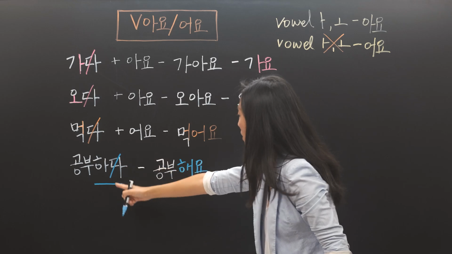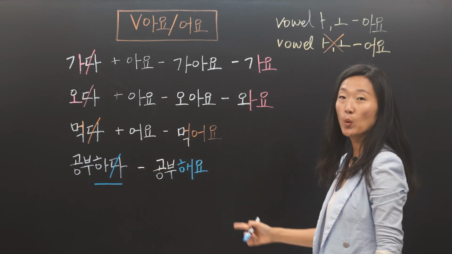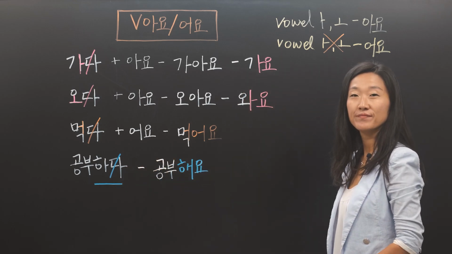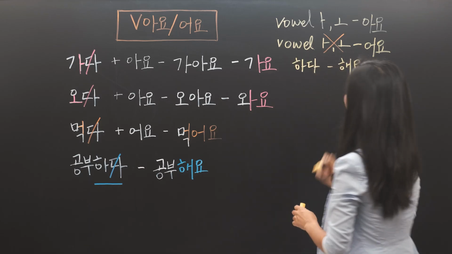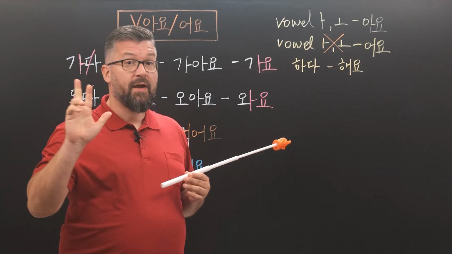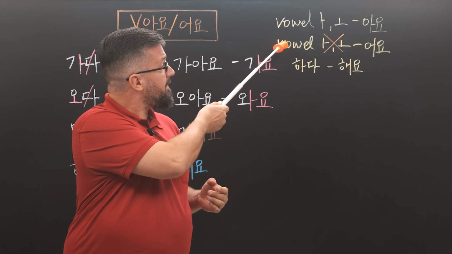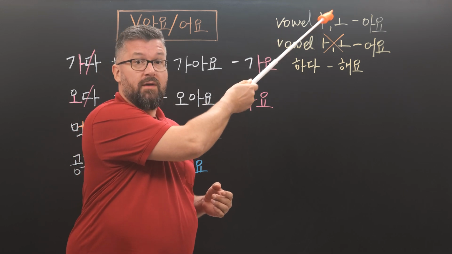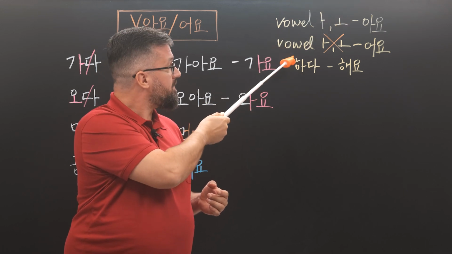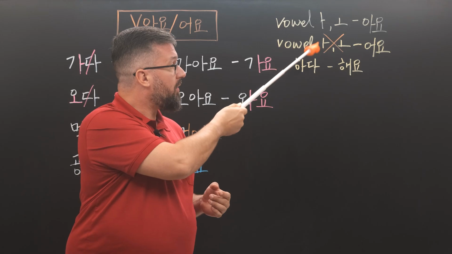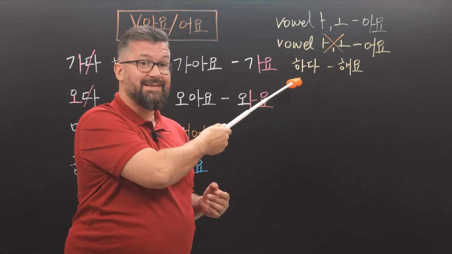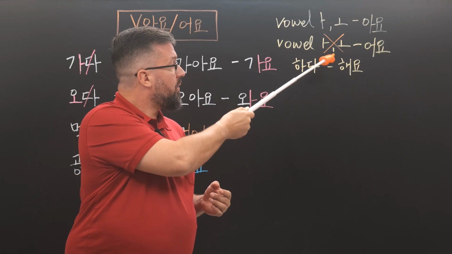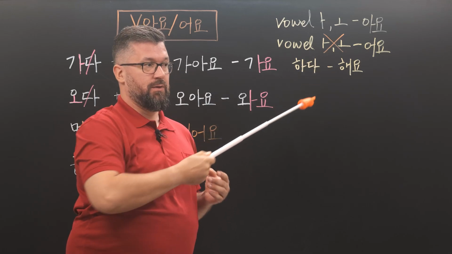So 하다 becomes 해요. 하다, 해요. So we have three possibilities. If the verb stem ends in a vowel a or o, then we add ayo. If the verb stem does not end in a vowel a or o, we add oyo. And the exception is that when the verb ends in hada, we add heyo.